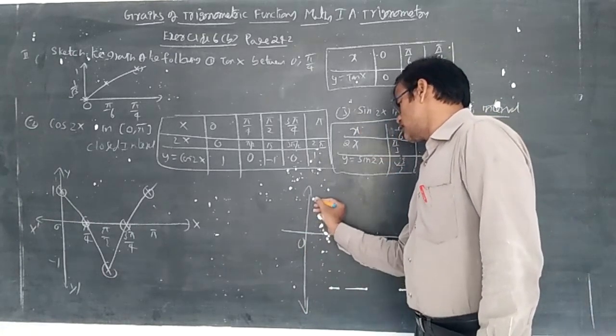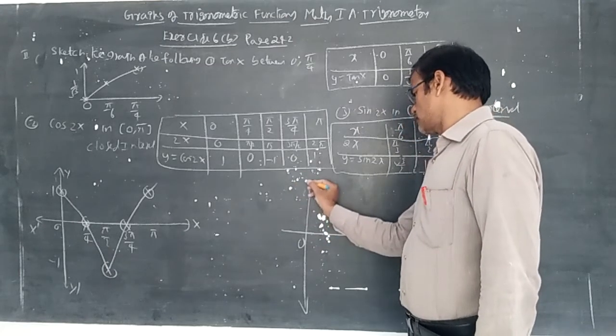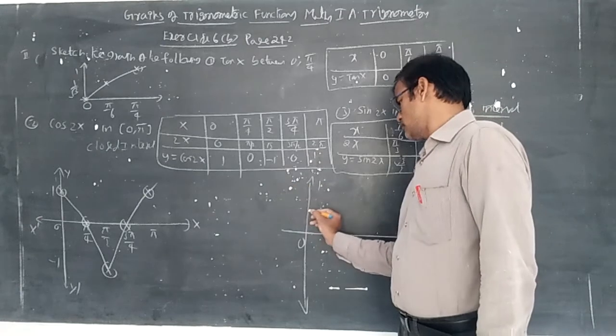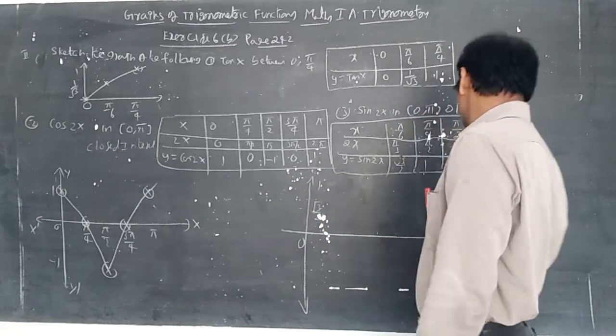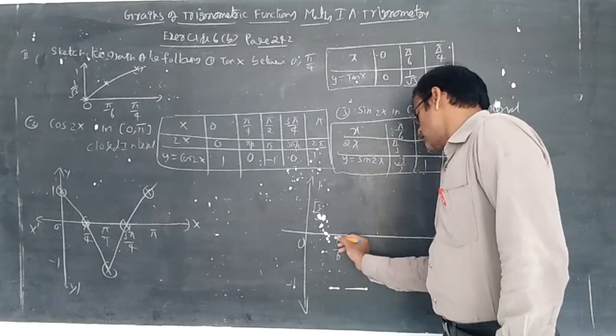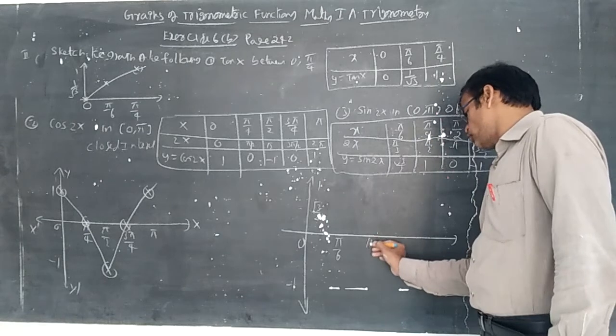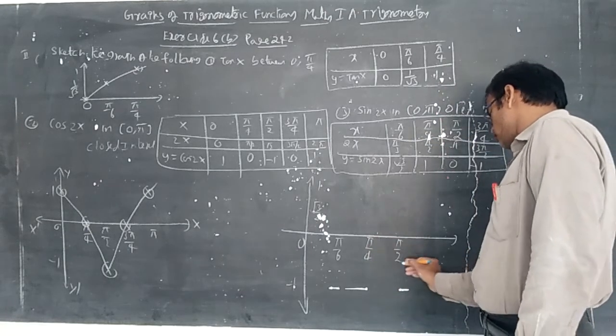Put here 0, at the top you take 1, put here root 3 by 2, and down you put minus 1. From here you start: pi by 6, pi by 4, pi by 2, 3 pi by 4.